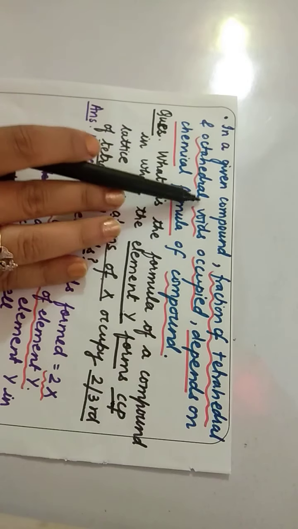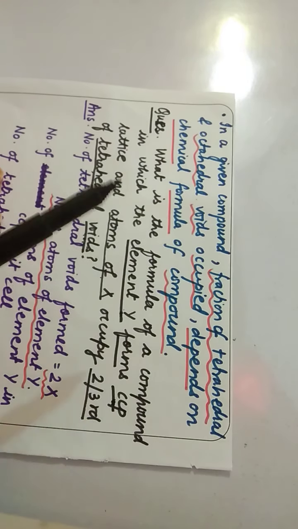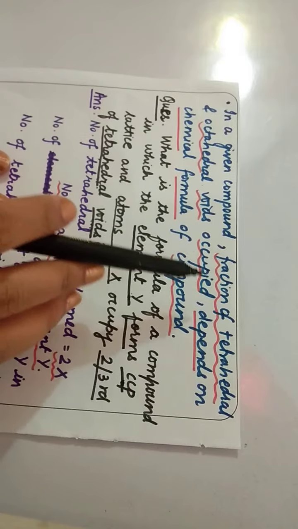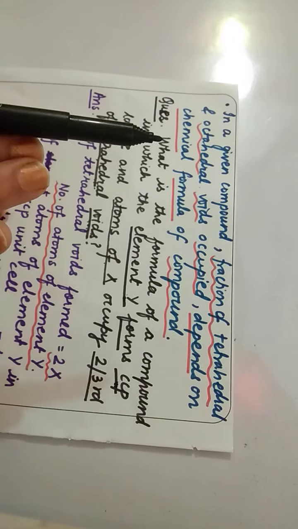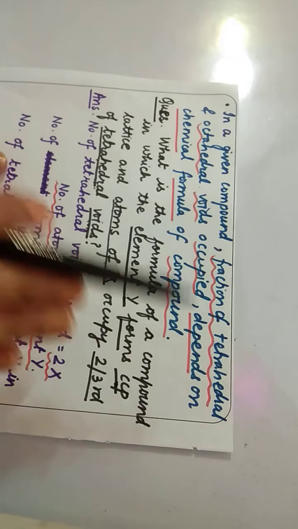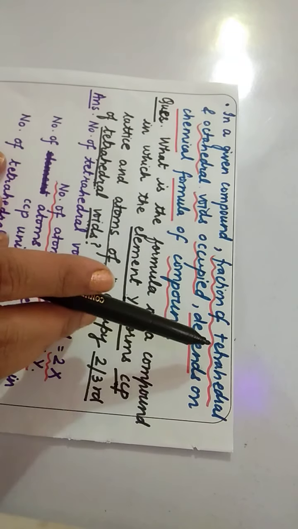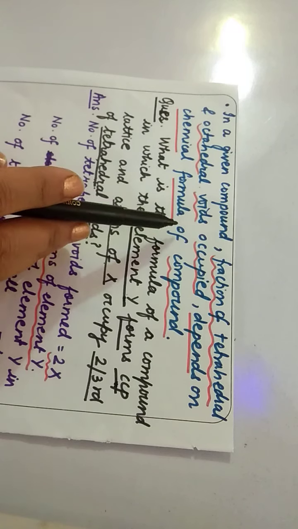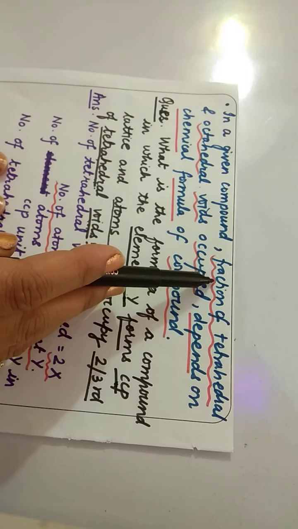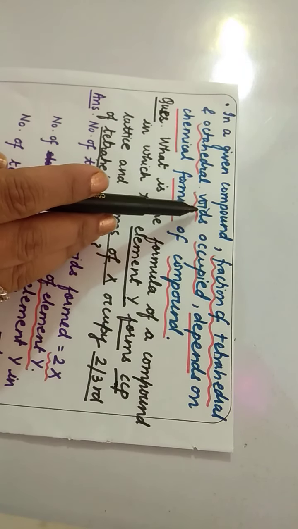Now, in a given compound like NaCl, the number of tetrahedral and octahedral voids that are occupied totally depends upon the chemical formula of the compound. For example, NaCl is the chemical formula of sodium chloride, so for that the number of tetrahedral and octahedral voids will be different.